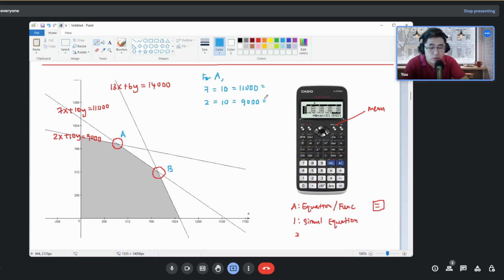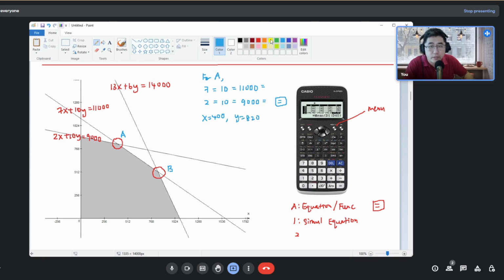Then you press equal again. It gives you x equals 400, y equals 820.